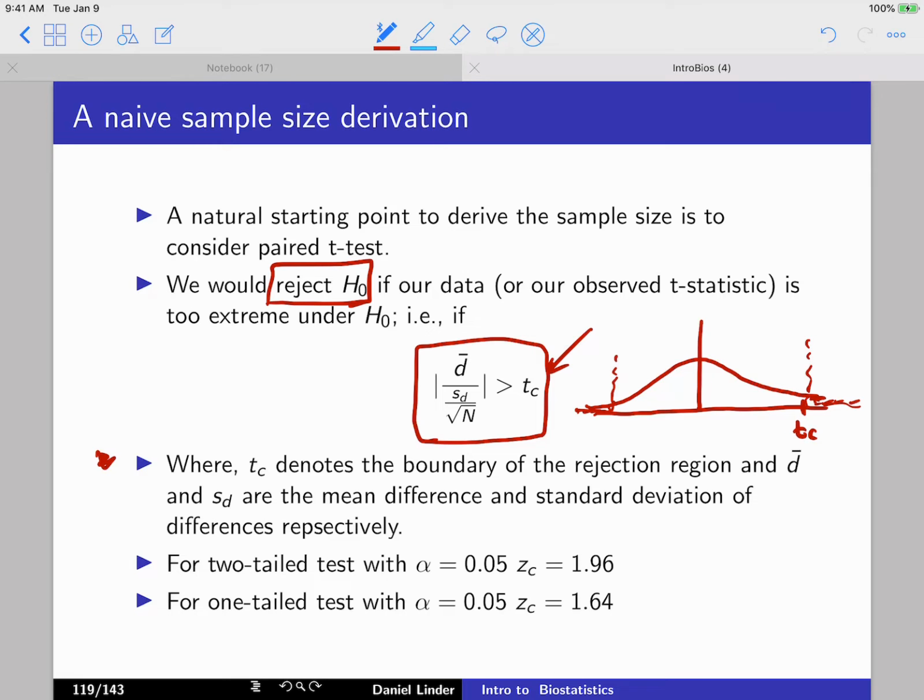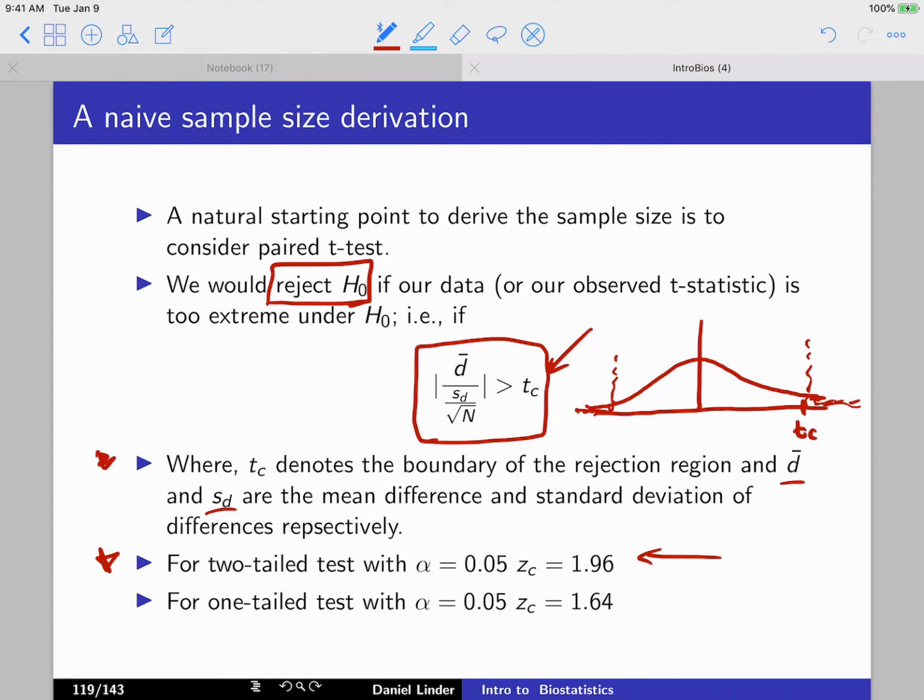If we see our test statistic outside of that range, we would say we should reject H naught, because what we observed is too extreme under H naught. Remember, d bar is the mean of the differences, and S sub d is the sample standard deviation of the differences.